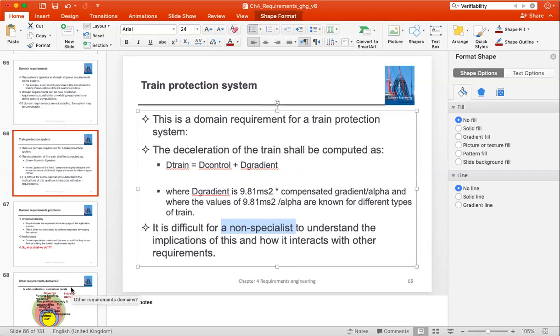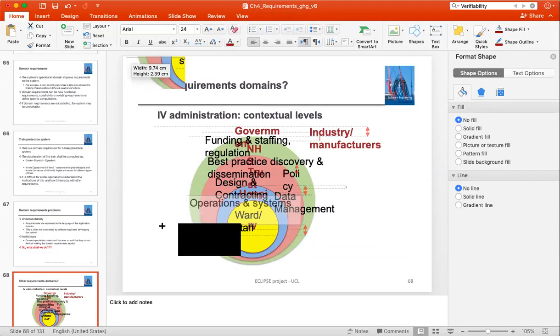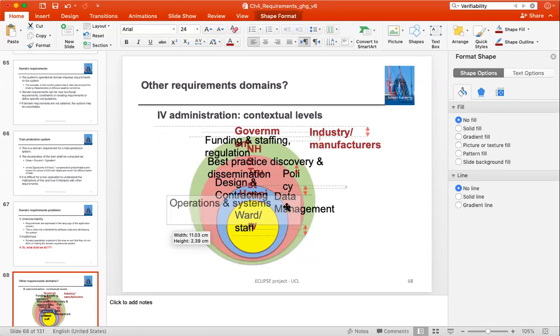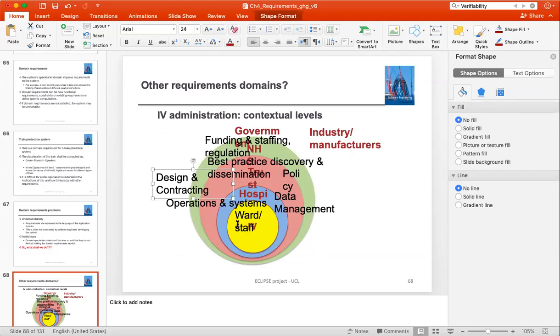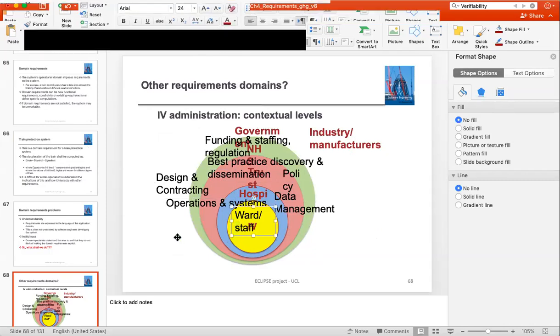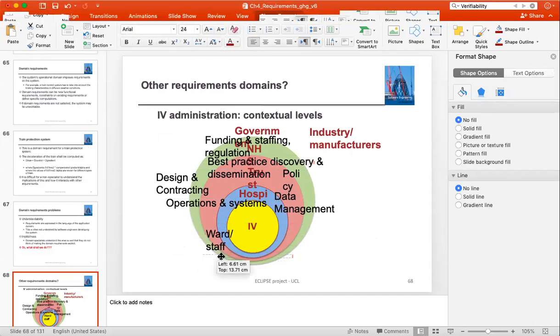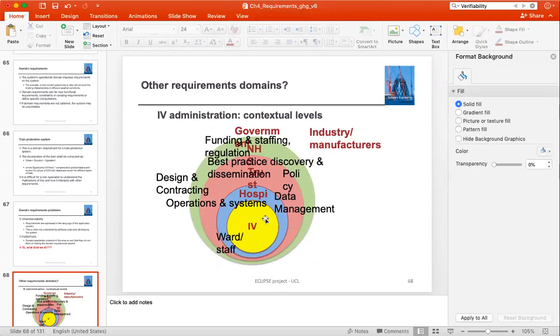Let me show you this diagram. Actually, you need to look beyond the immediate technical domain as well. For example, this is about intravenous infusions. The bit in yellow here is the core domain of intravenous infusion in the wards, where staff, nurses, doctors and medical practitioners interact directly with the infusion process, the devices, and the patient.